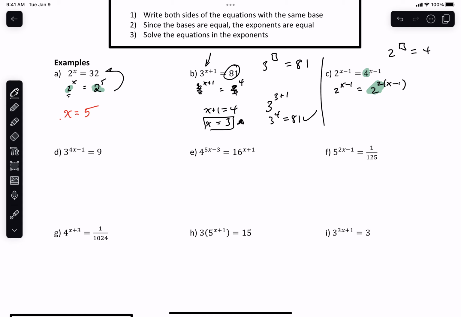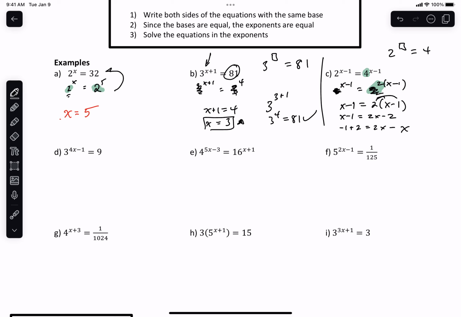Okay, so bases match, so ignore them. They're gone, and you just get this: x minus 1 is equal to 2 times x minus 1. Then you could distribute the 2 in. x minus 1 is equal to 2x minus 2. And then what? Solve for x. So negative 1 plus 2 has to equal 2x minus an x.